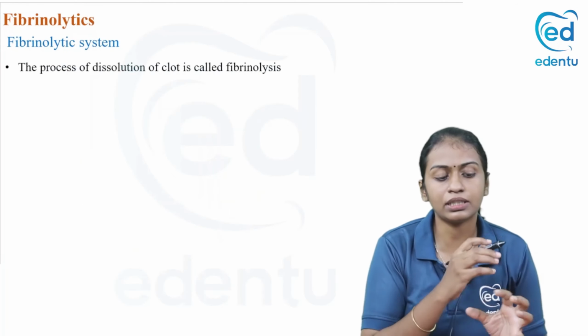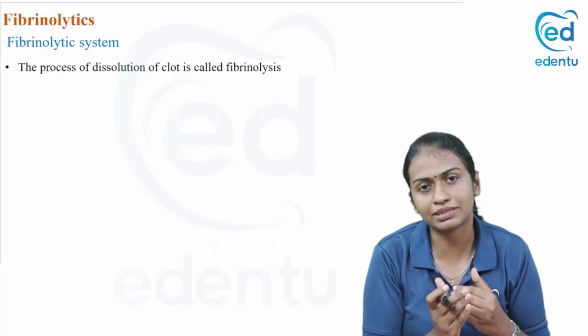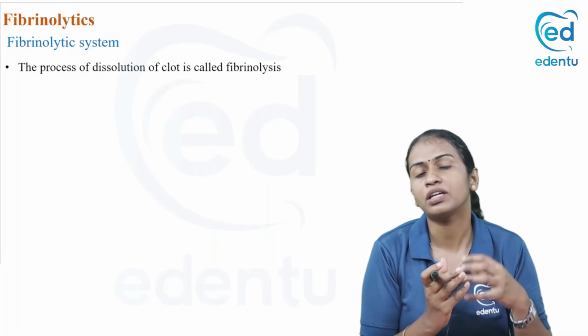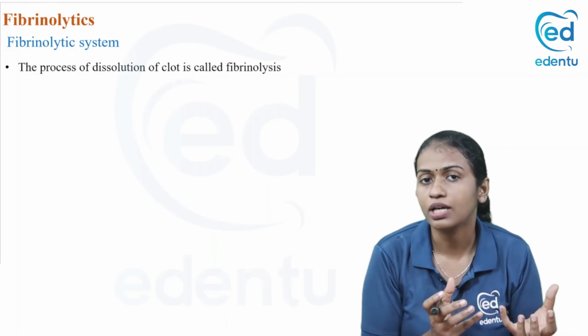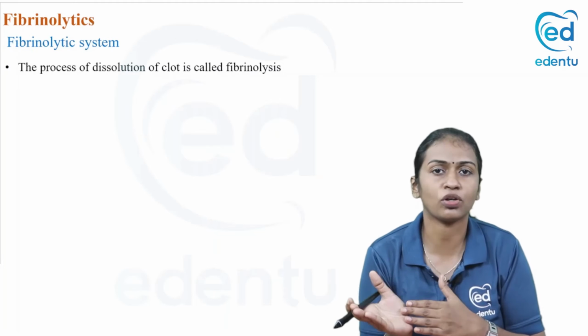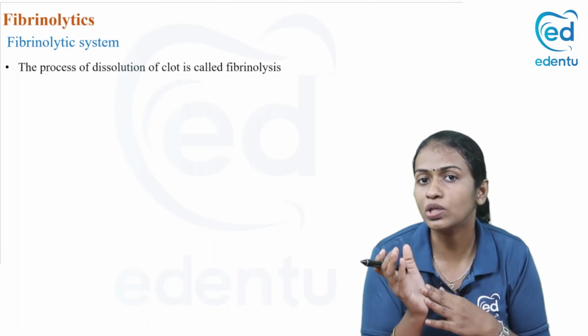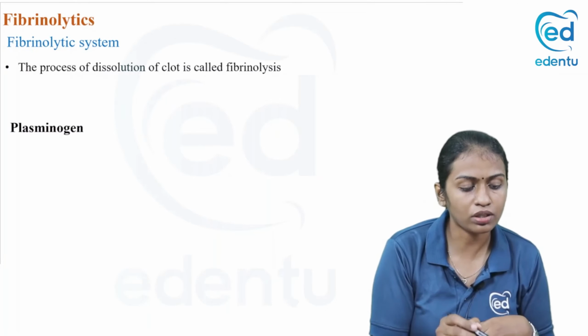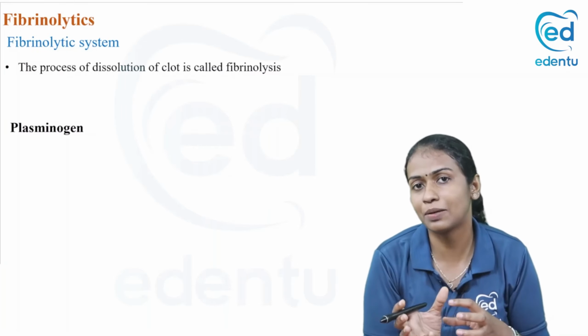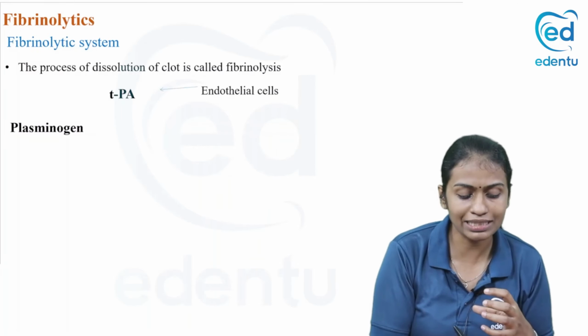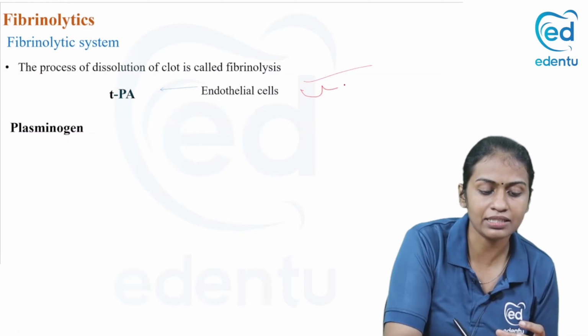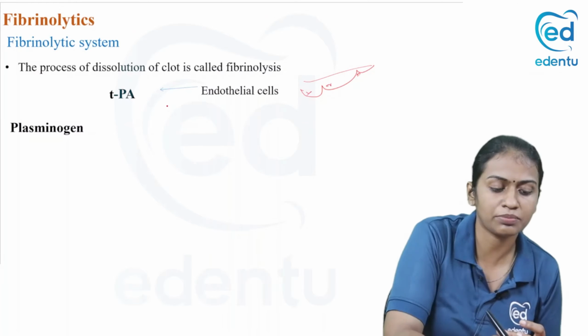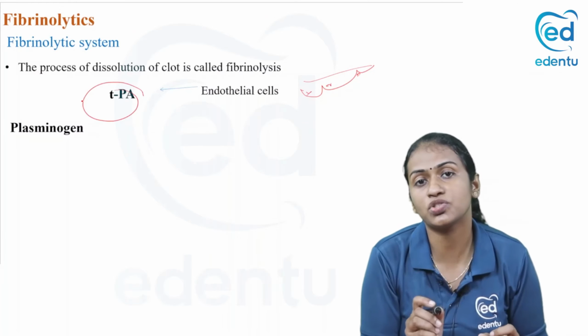So once the cell damage is repaired, this clot has to get dissolved. And this process of dissolution of clot is what is known as fibrinolysis. Okay. So how does this fibrinolysis happen? The blood endothelial cells release something known as tissue plasminogen activator.